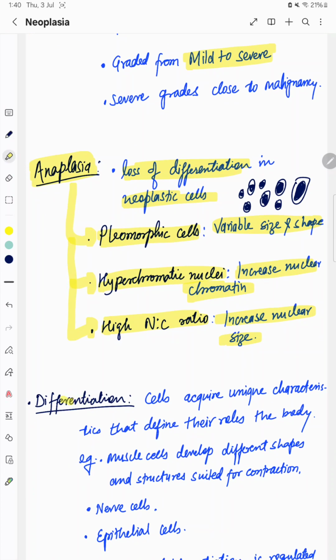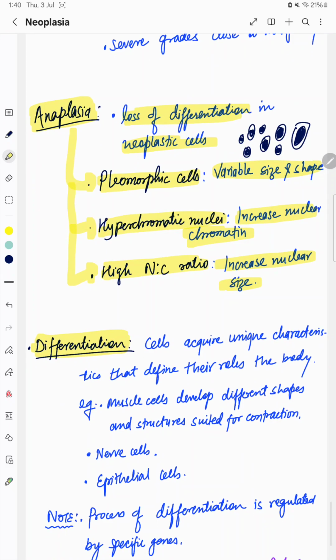Now, what is differentiation? Every cell of the body acquires a unique characteristic that defines its role in the body. For example, muscle cells develop in a different shape and structure which is suited for contraction.